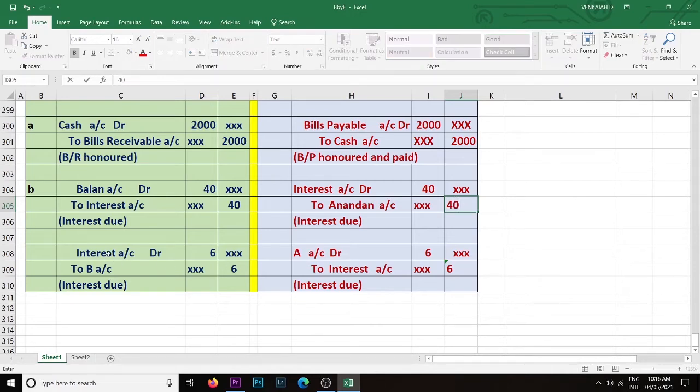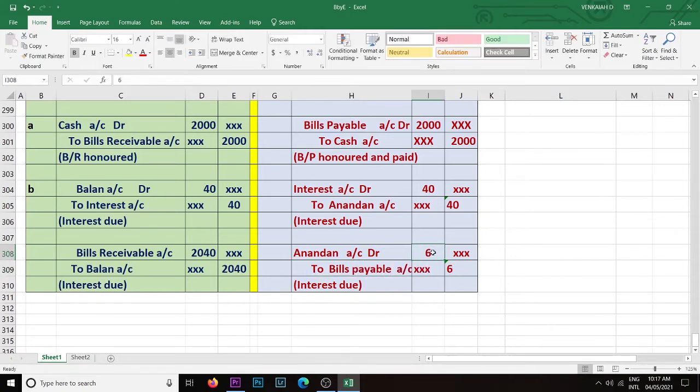So new bill was accepted by Balan for 2040. So Anandan is receiving bills receivable account debit to Balan account. Amount is 2040. And Balan account debit to bills payable account. Amount is 2040.